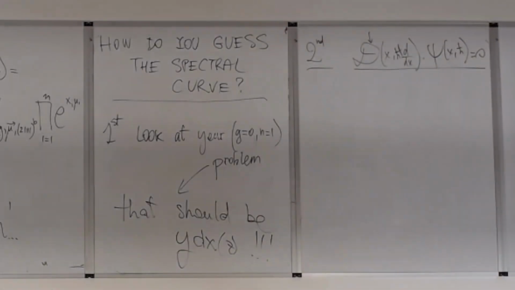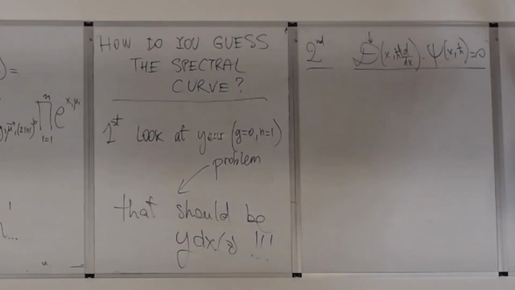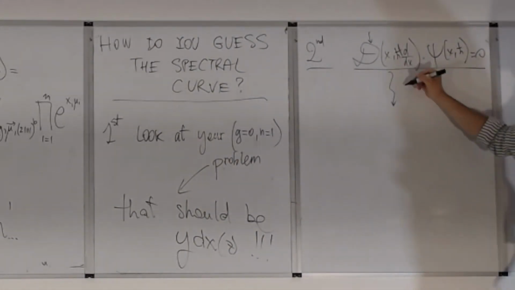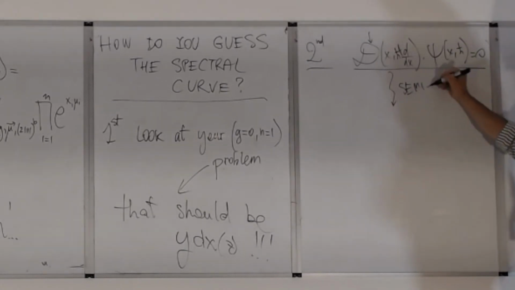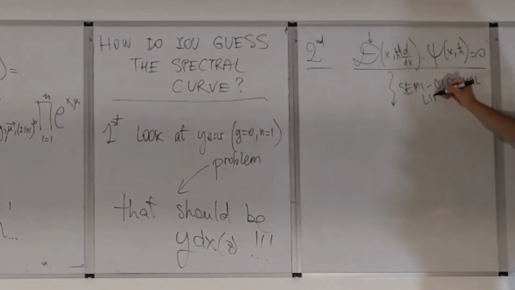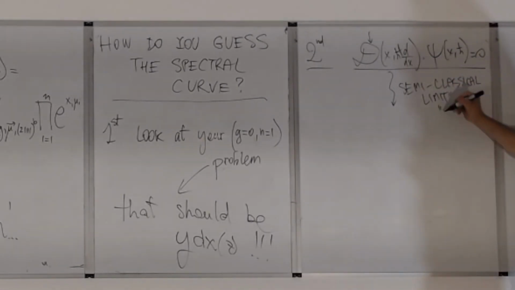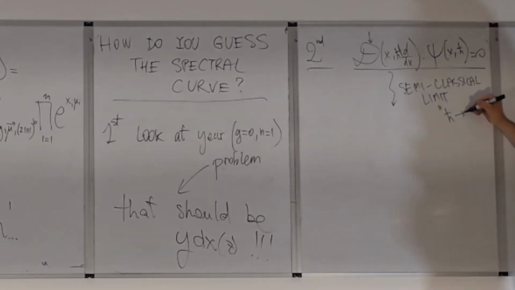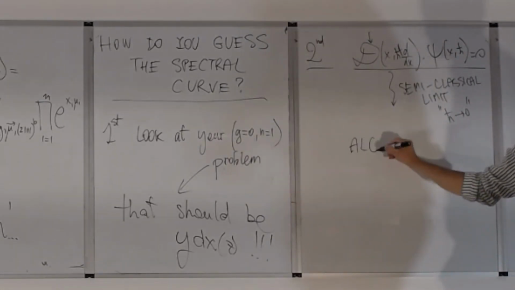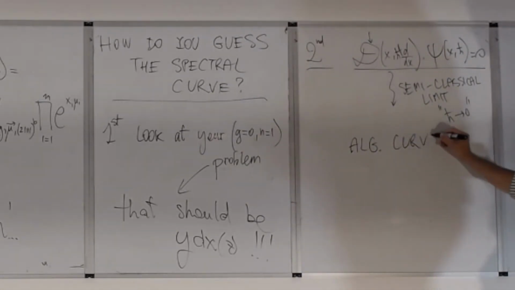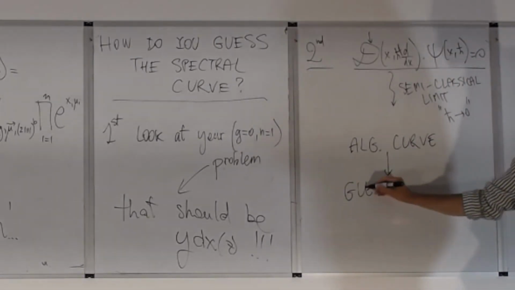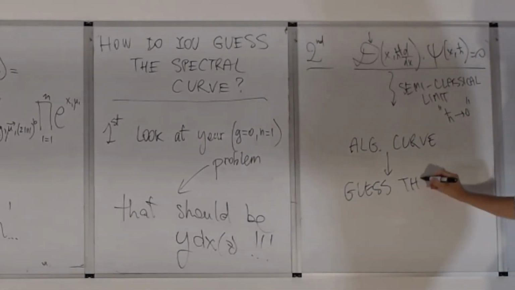So you have the wave function of your problem, and you have some differential operator annihilating it, so you're able now to take the semi-classical limit, whatever it is. Usually you send h bar to 0. And then, if you're lucky, you get an algebraic curve. And so now you just guess. This is it.